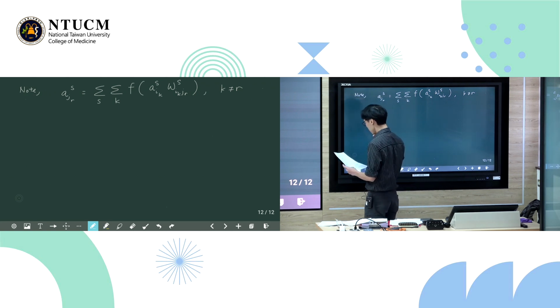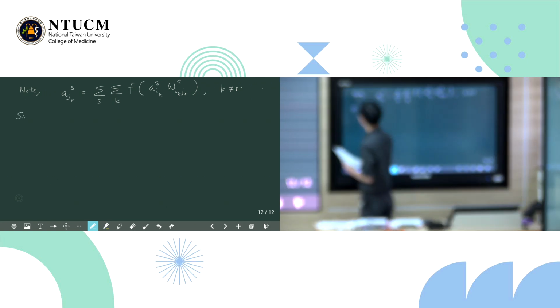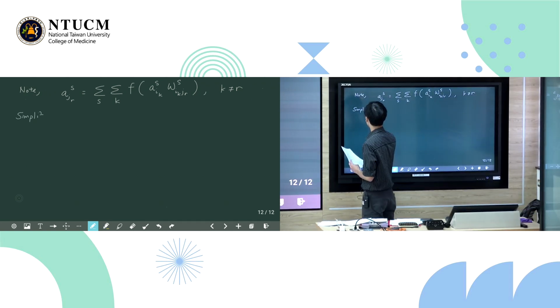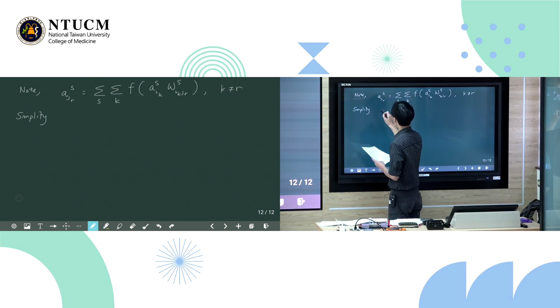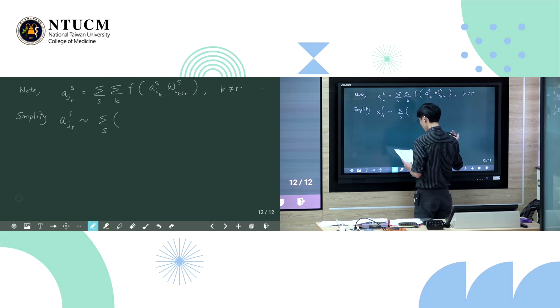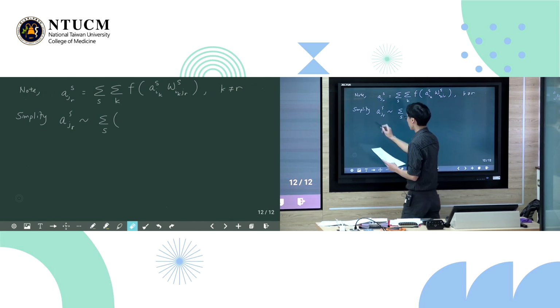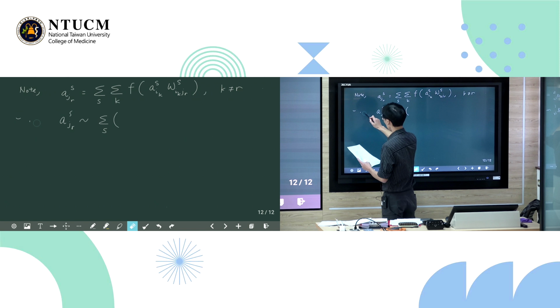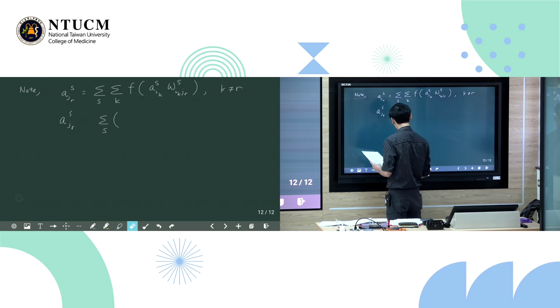Okay? And then if we simplify, you get ASJR is roughly proportionate to S. We don't simplify yet.